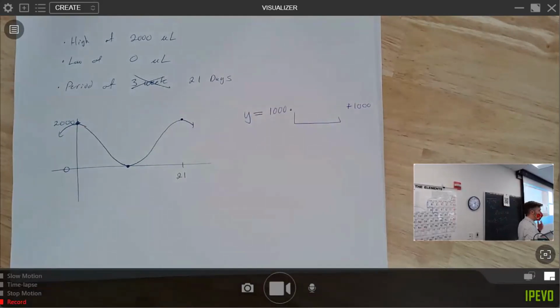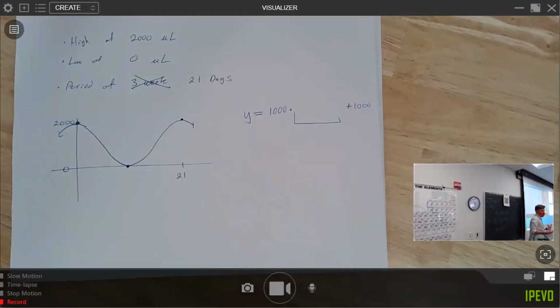Because I know that a sine or cosine function goes between -1 and 1. So when the sine or cosine function is -1, 1,000 times -1 plus 1,000 is going to be 0, my low. And when the cosine or sine function is equal to +1, 1,000 times 1 plus 1,000 is going to be my high of 2,000.